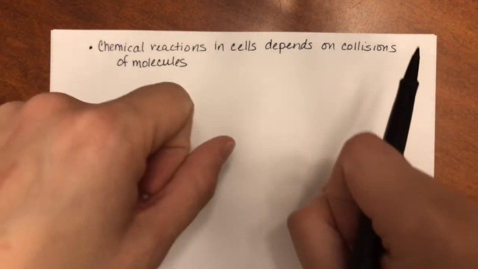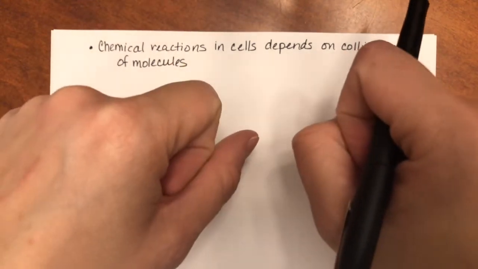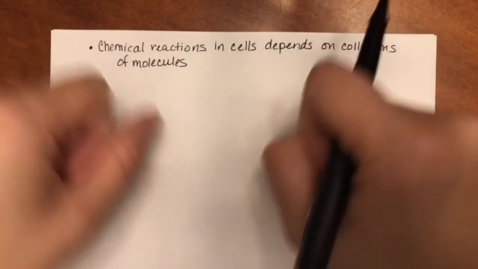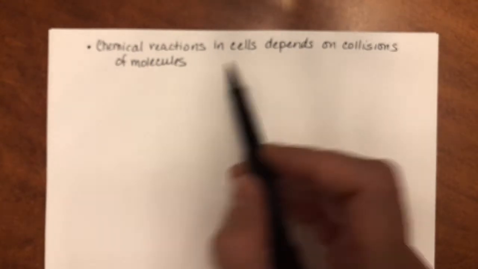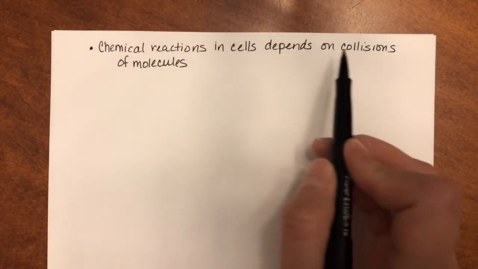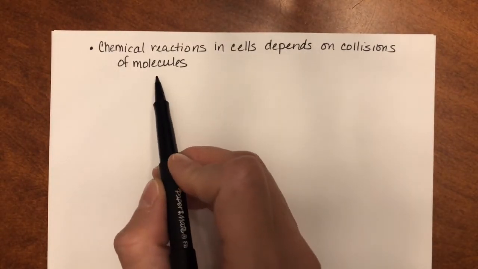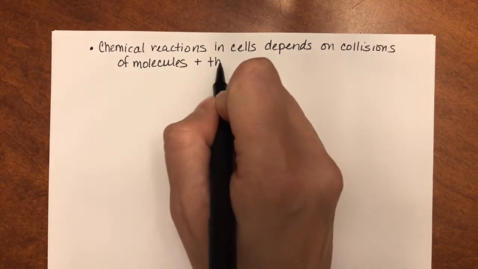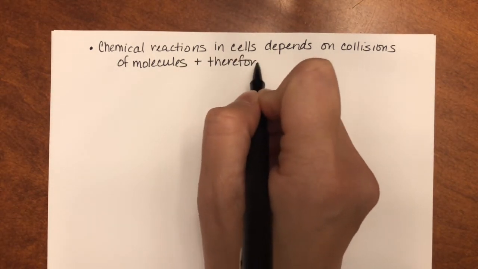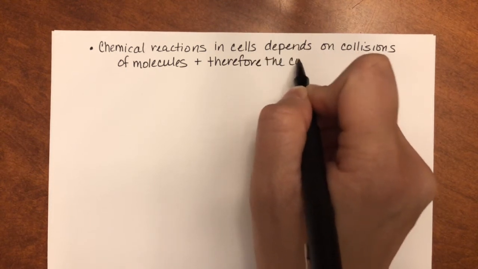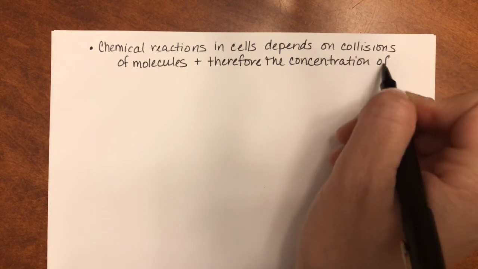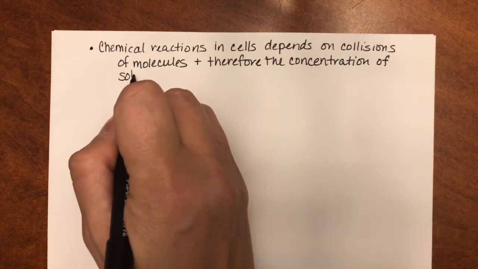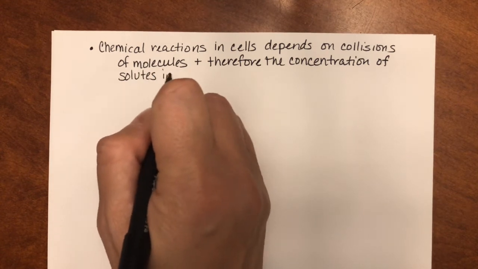Once a reaction occurs, those molecules that are going to react are bouncing around in a cell, and they need to be able to collide in order for a reaction to occur. So it depends on the collision of molecules whether or not the reaction will occur, and therefore the concentration of solutes in aqueous solutions.